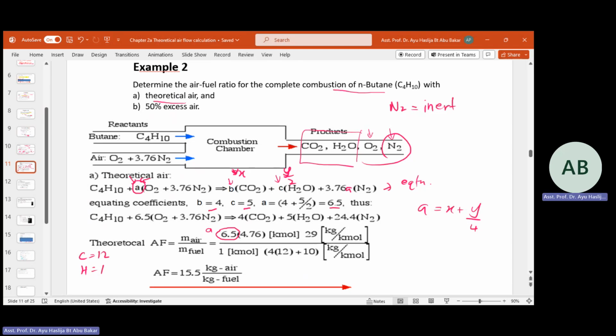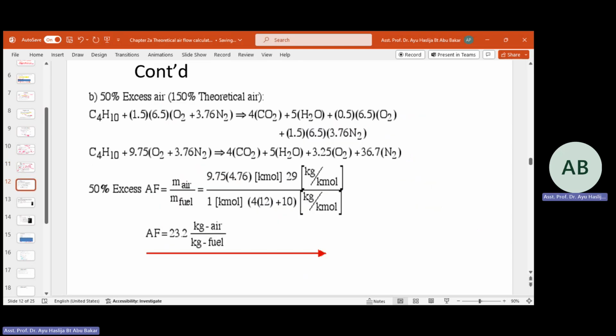Okay, theoretical here means the number in front is 1, which means 100% air. Here it is 1, but we do not write it because it is 1. If 50% excess air, excess means 150% of the theoretical air.